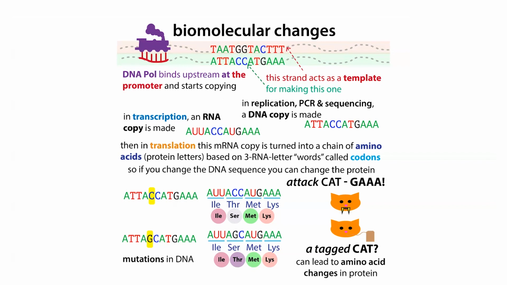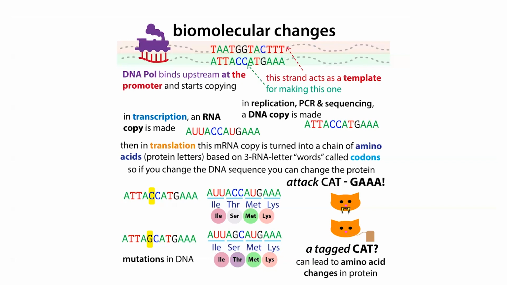Mutations in the protein coding part of a gene, the part with the instructions for making the protein, can cause amino acid changes in the protein, actual changes in which amino acids it contains.